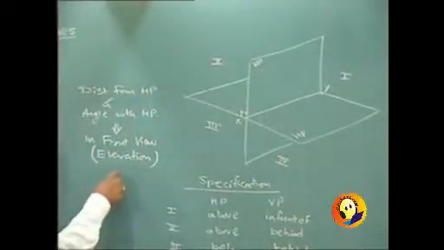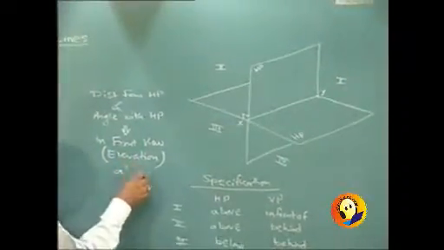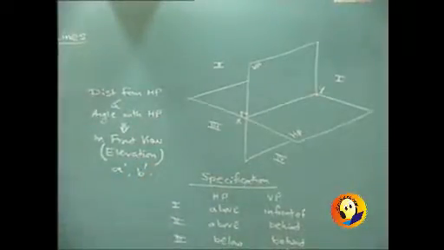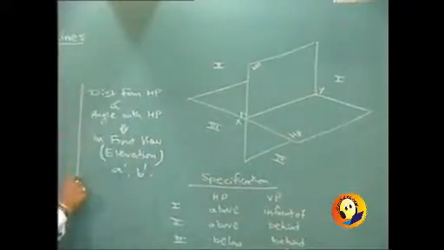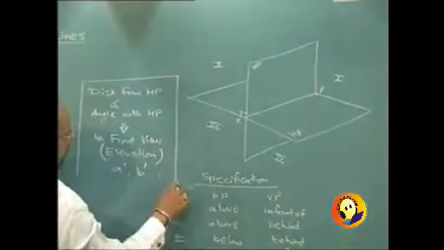And it is always marked with dash, like A dash, B dash, and so on. One rule which is never going to change.